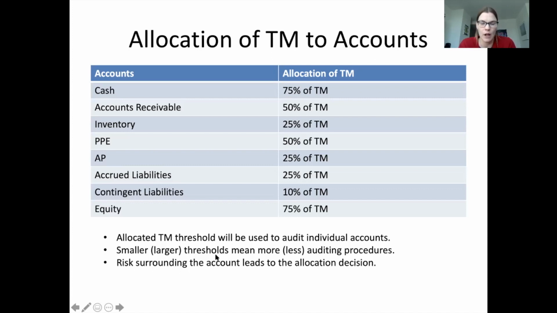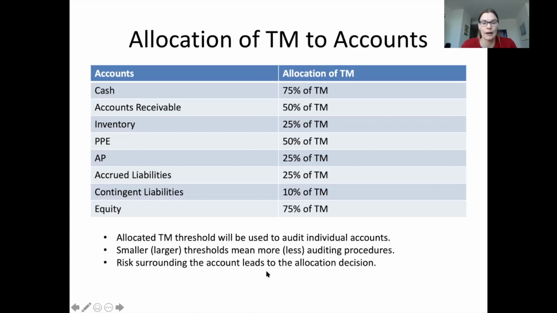So again, smaller thresholds are going to mean I have to do more work, whereas larger thresholds mean less work, because smaller thresholds are going to pick up more balances within these accounts and say more of these are material. If my threshold was lower, I would have also picked up that 450K miscellaneous AR balance, and then I would have to test that too. But since I have that materiality threshold in place, I'm able to skip over testing that balance.